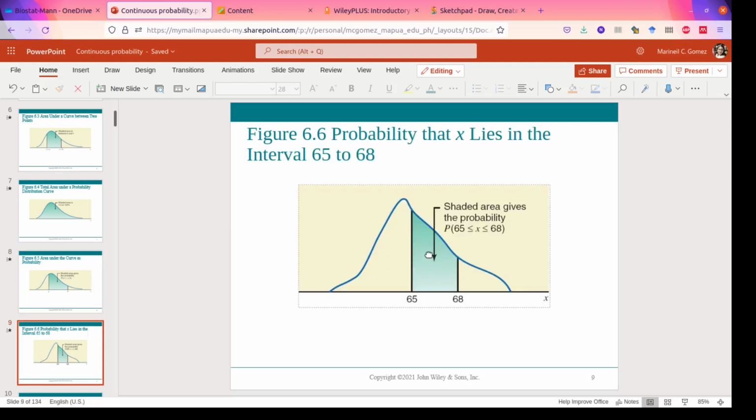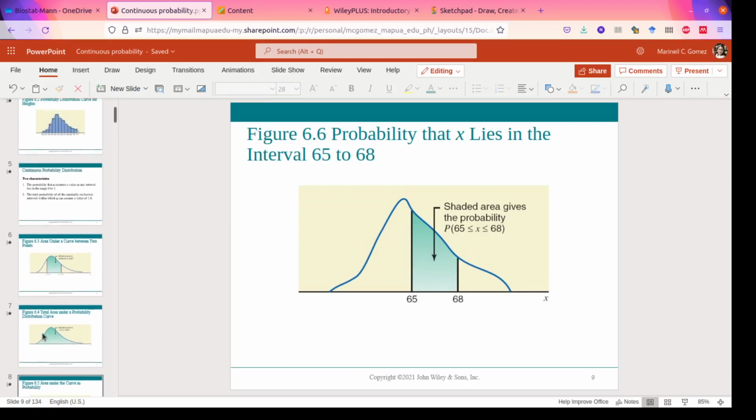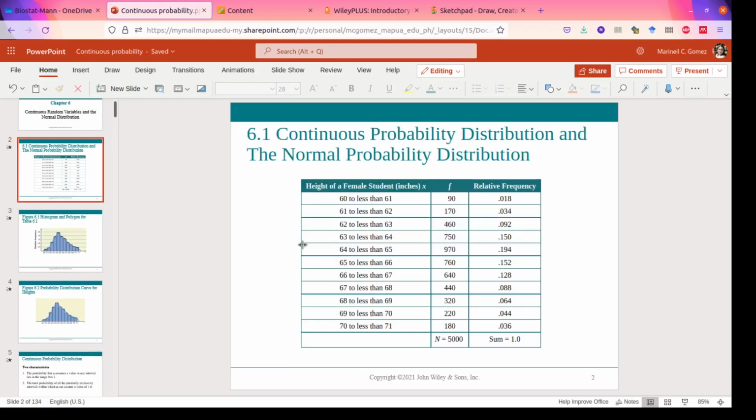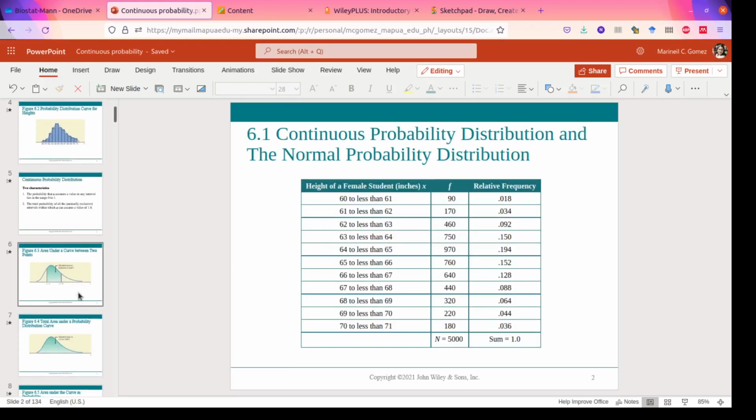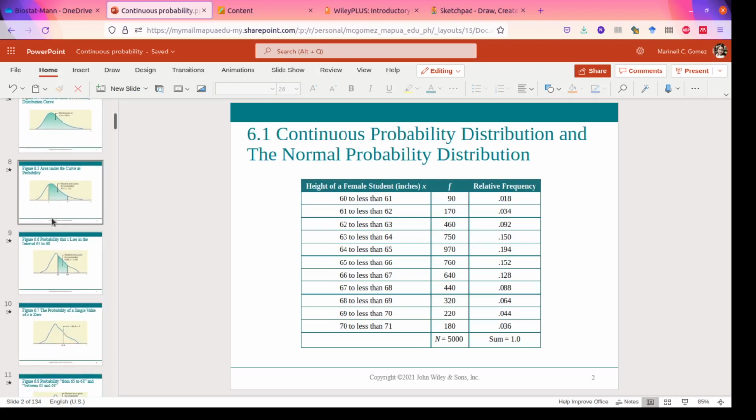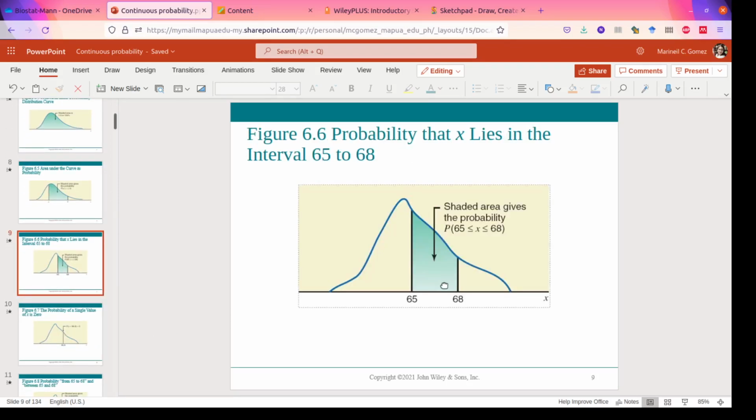So again, let's look at our histogram example from the heights of female students. If we get the probability distribution, what's the probability that when we ask a random female student and measure their height, we get a value of 65 inches to 68 inches?